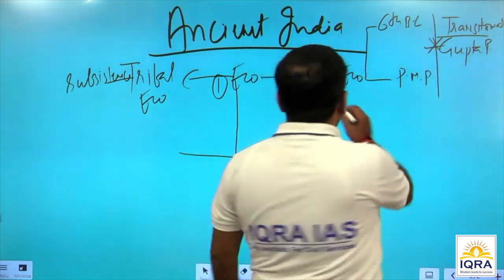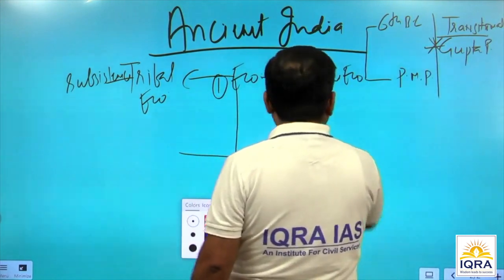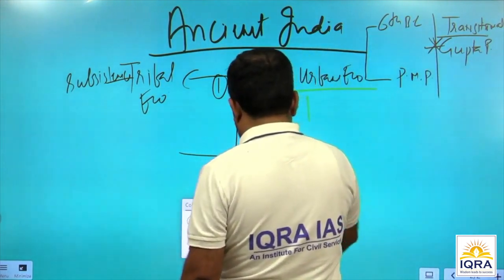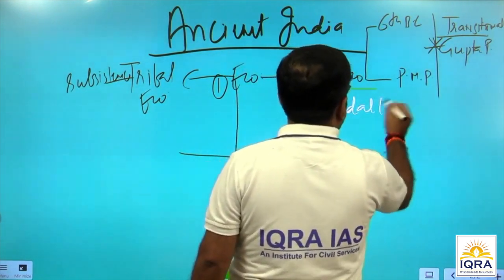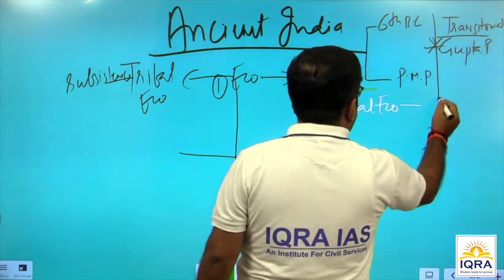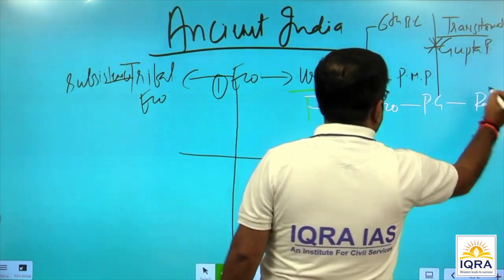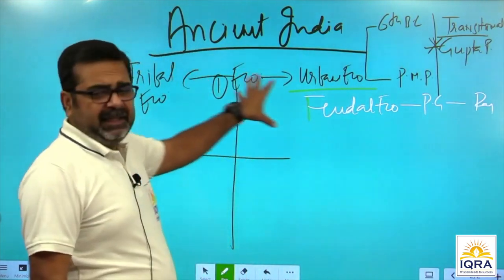And then feudal economy, from post-Gupta to Rajput period. These three types of economies you will see in ancient India.